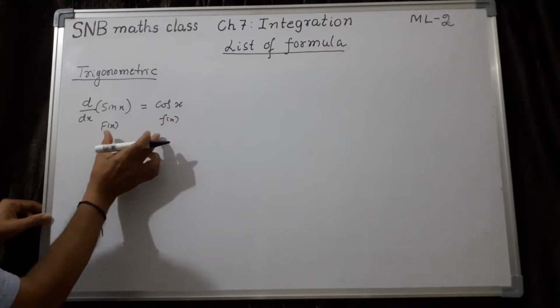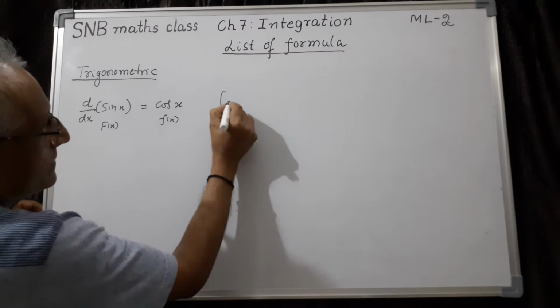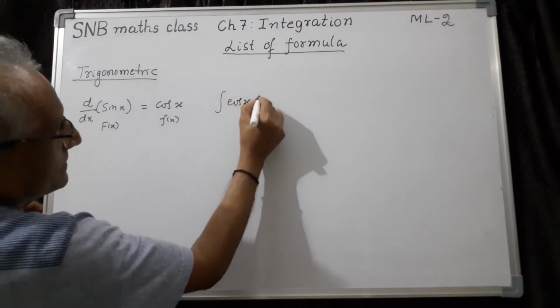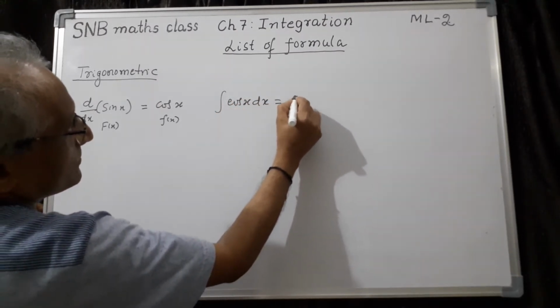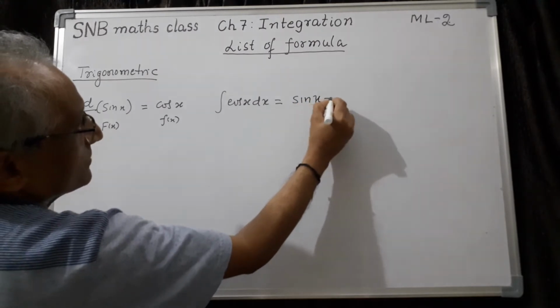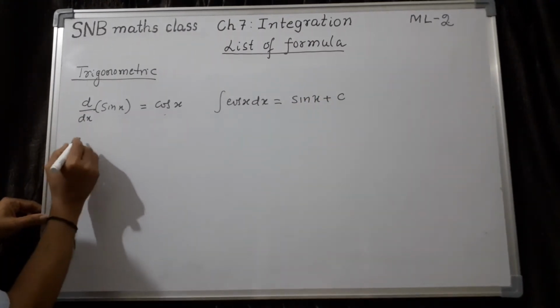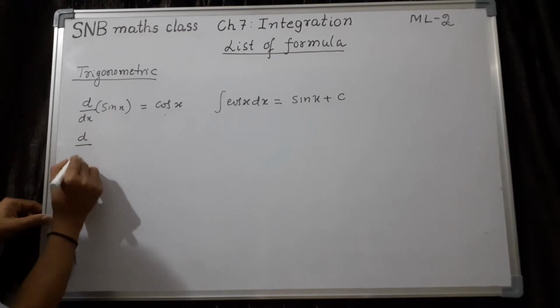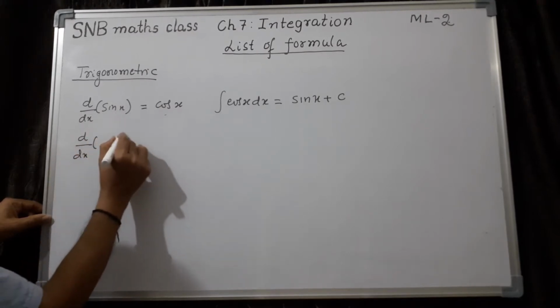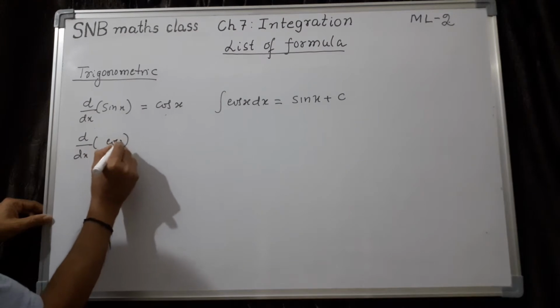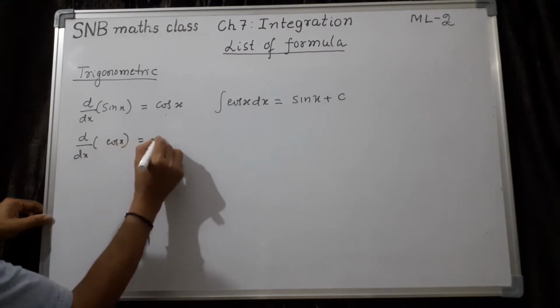Based on this, I write therefore integration of cos x dx will be equal to sin x. Of course, we have to write c. So this is the first thing. Similarly, d by dx of cos x is minus sin x.